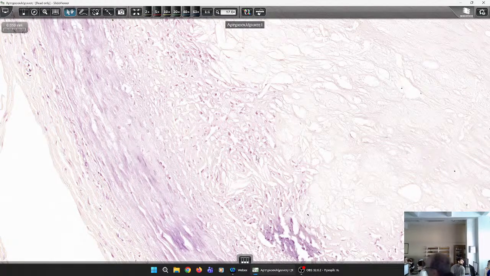Since the macrophages stay there, they help collagen and fibrous tissue deposition because they secrete fibrogenic factors. And this fibrous tissue increases the size of the atheromatous plaque, so the lumen becomes more narrow.